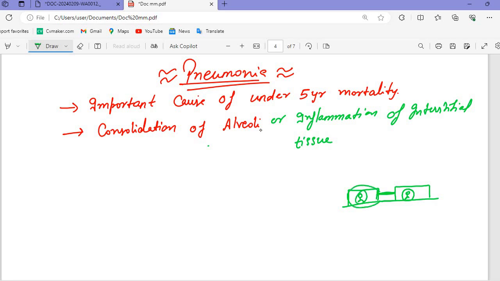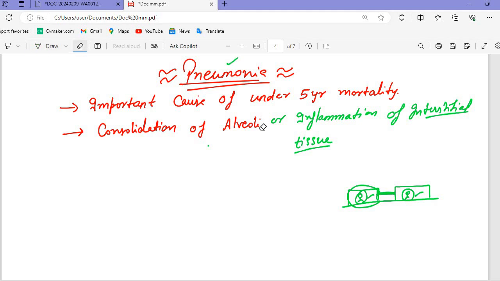This is my cell, this is another cell. Here I am sitting, here you are sitting, so we are both intracellular. Everything present between them is intercellular. So interstitial tissue is present between different cell groups, just some space. That will be inflamed, and the alveoli can collapse or undergo consolidation. That will cause pneumonia.